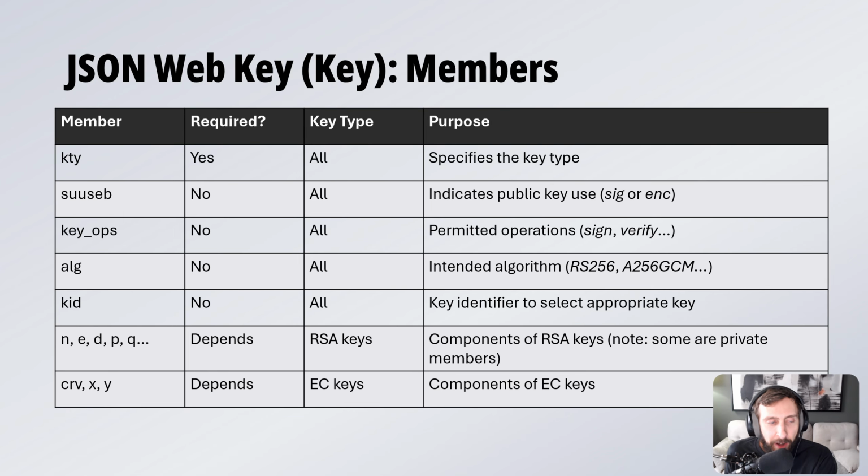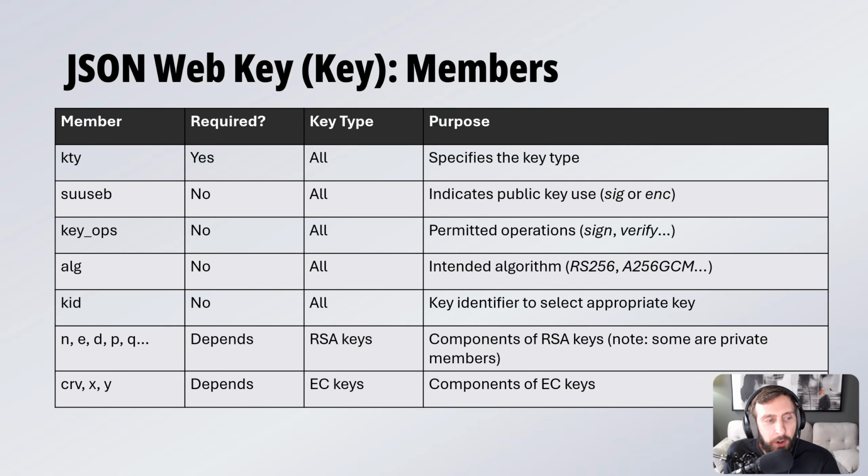The key identifier, which you've probably seen previously, can appear within the header, the Jose header, a key identifier which attaches a JSON web token, as an example, to specific key material that can be defined within a JSON web key. And then we have the other member components that are dependent on the type of keys.